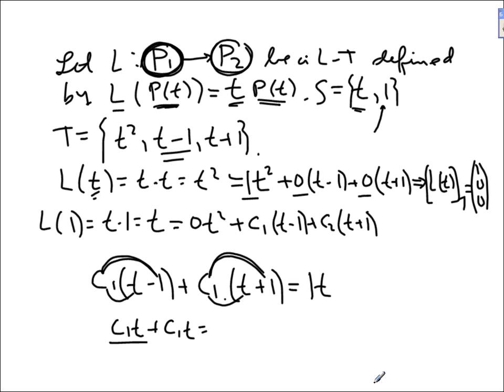I don't care what the things look like. If you add it together twice, you get 2 times it. And you want this to be 1t. Well, 2 times a half is 1 times t. C's are a half. Each of these values, C's, are a half.